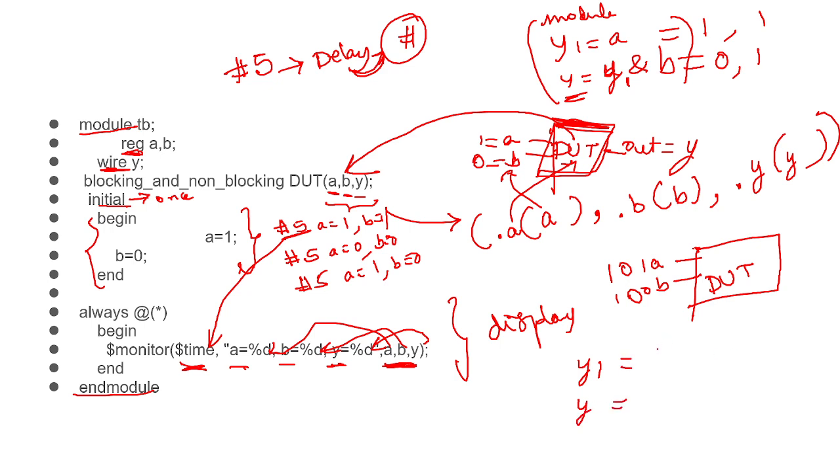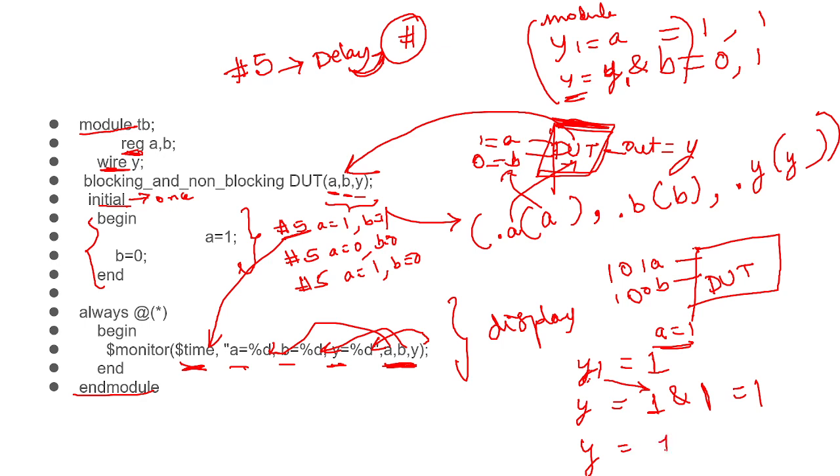I start executing. What will be the value of y1 when a equal to 1? So when a equal to 1, y1 will be 1, and this y1 will be y1 and b is 1, so y will be 1.